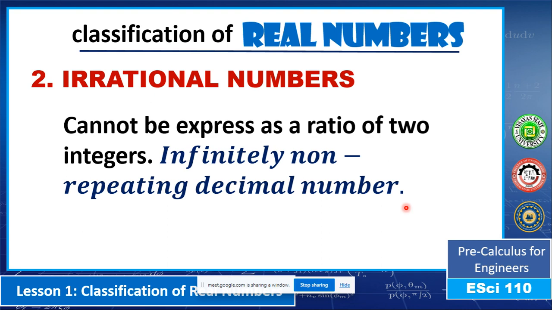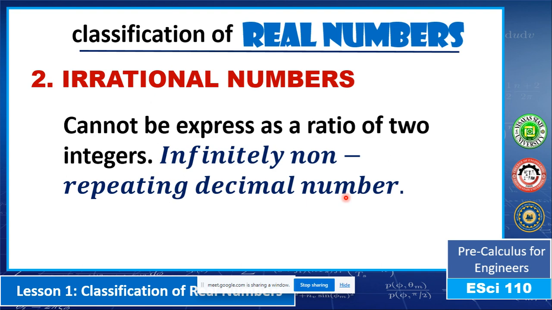Maybe the numerator is not an integer, or it is a non-terminating decimal, or it contains the square root of a certain number whose answer is non-terminating. In other words, an irrational number is an infinitely non-repeating decimal, meaning it does not repeat, it has no pattern.